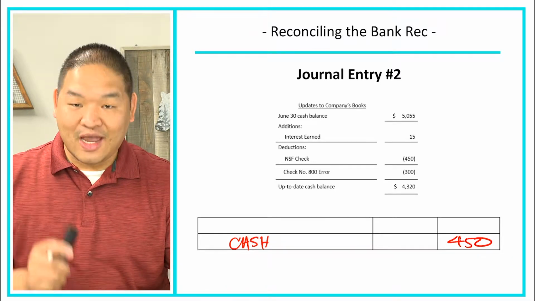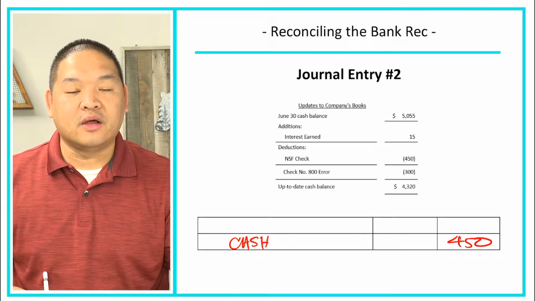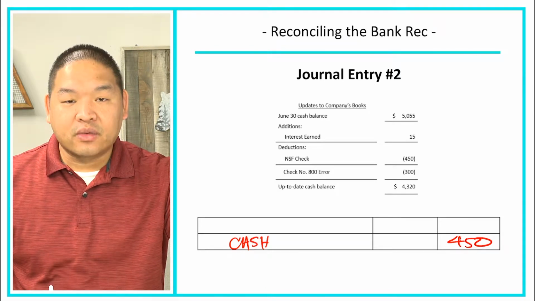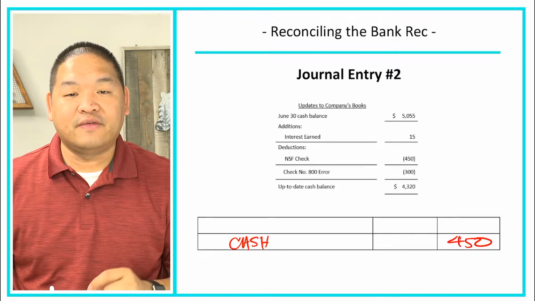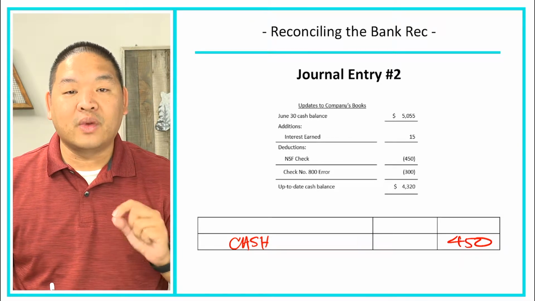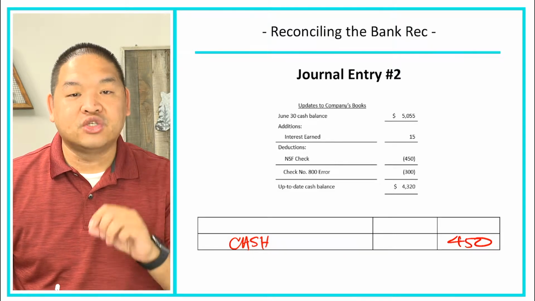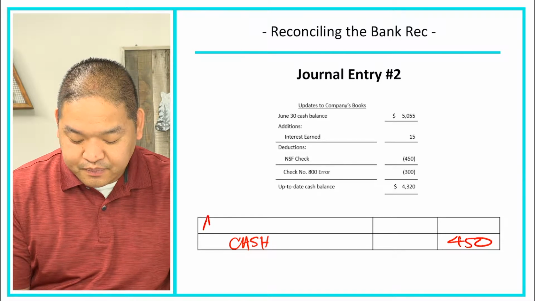Well, their check bounced, which means they still owe us $450. So we are going to have to increase our receivables because we are still owed $450 from our customer. So we're going to reinstate the liability that that customer has with us. So we are going to debit accounts receivable.